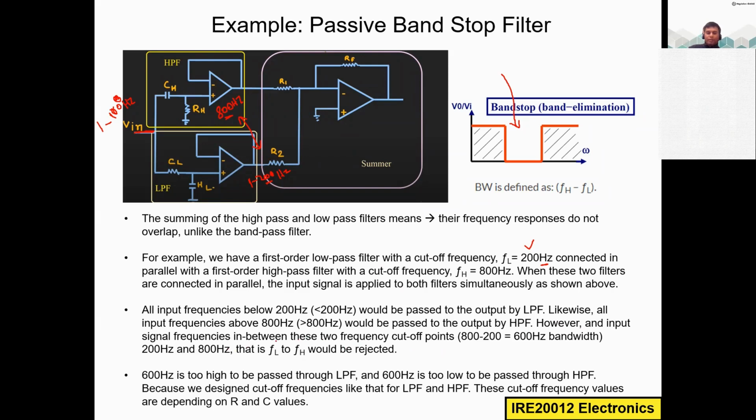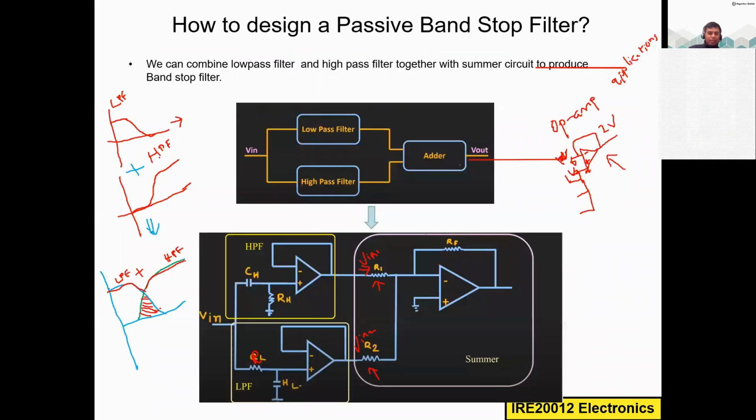The input signal frequencies between these two frequency cutoff points, that is 800 minus 200, that is 600 hertz bandwidth, will be rejected by the summer at the output. This is what I mentioned here. This one is passing only low frequencies and this one is passing only high frequencies.